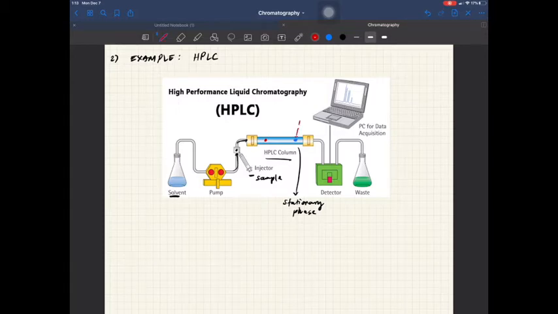So this one is component B and this one is component A, which is our analyte. After some time, component B will be eluted around here in the detector, and it will be transmitted as a signal through a personal computer. Afterwards, our analyte will also be eluted in the detector. The stationary phase in this context is the HPLC column, and our mobile phase is the solvent.